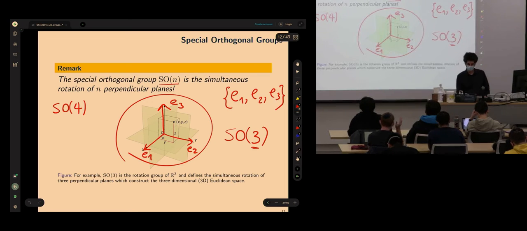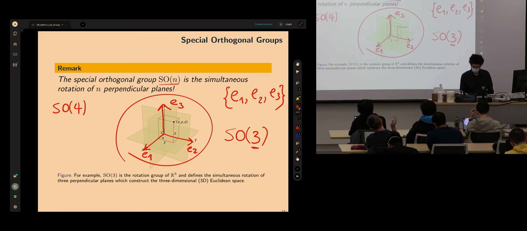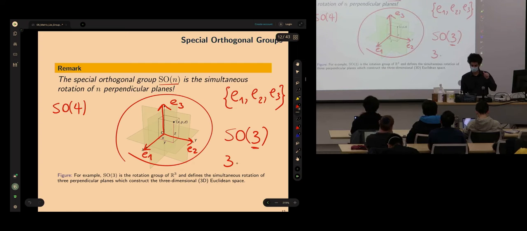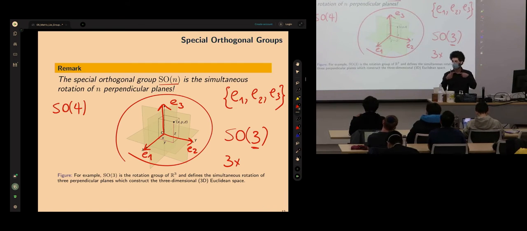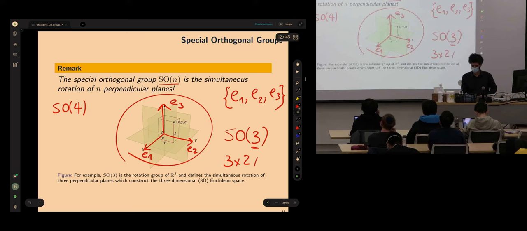You can do a quick check. The first time I want to rotate, I have 3 options to choose from these bases. The next one to complement it and form the plane, I have 2 options because one of them is chosen already. And the last time, I have 1 option.